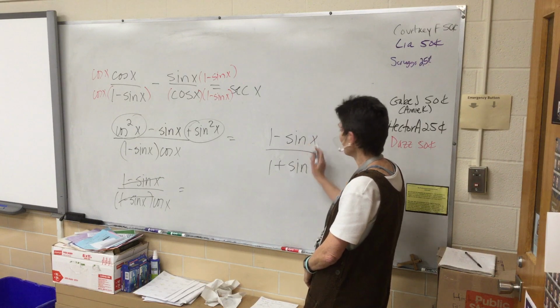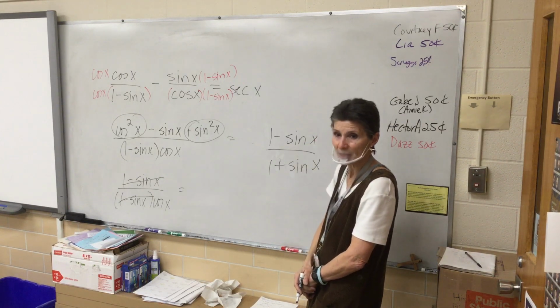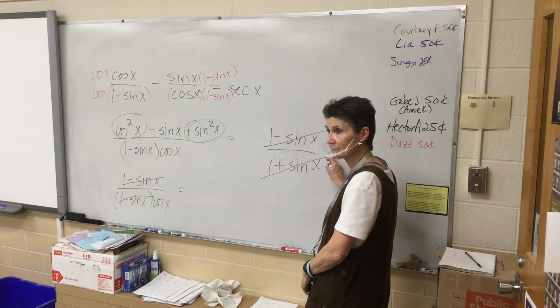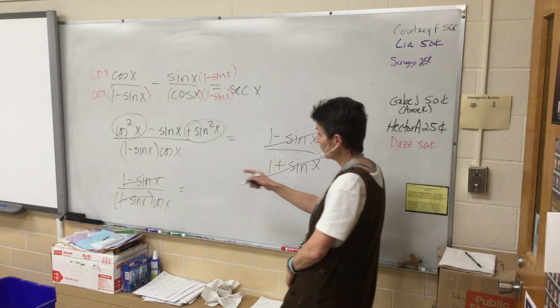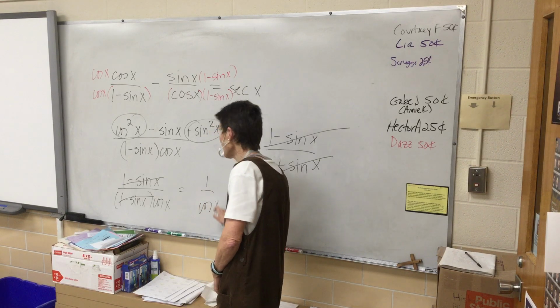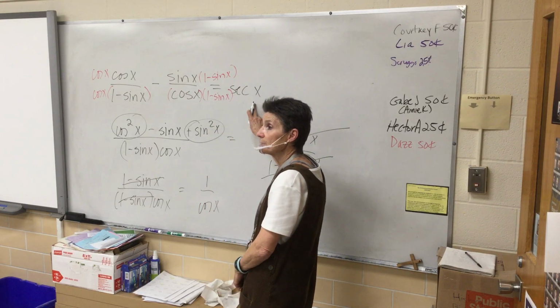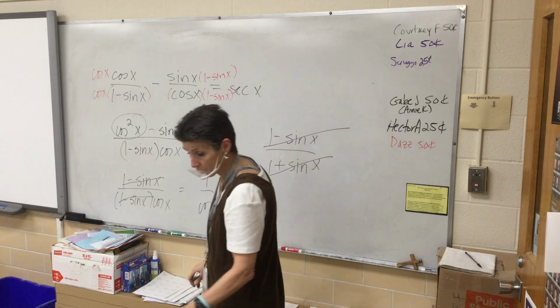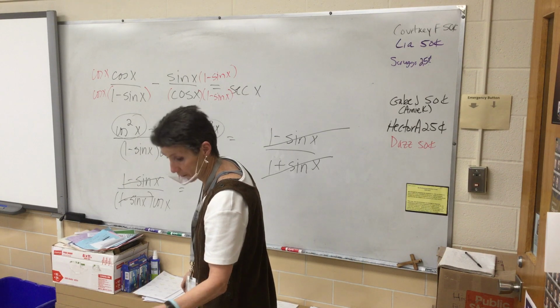You can't say, oh, I'll cancel off the signs. No, you can't. You can only cancel when you can do the whole thing. Okay? Well, when I do that, what am I left with? 1 over cosine. And what's 1 over cosine? Secant. Okay?